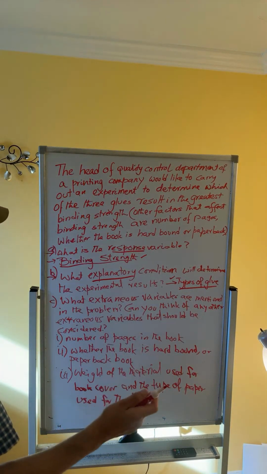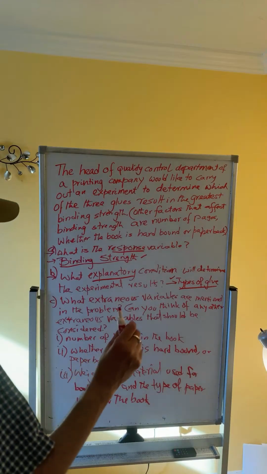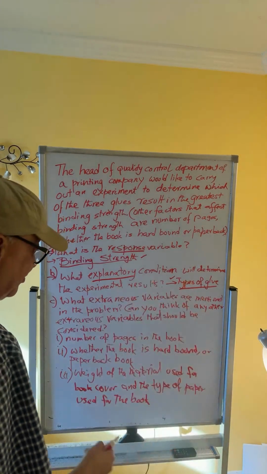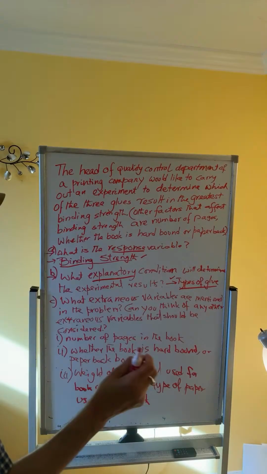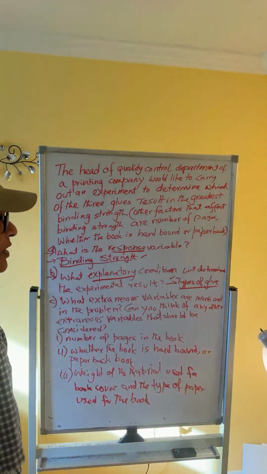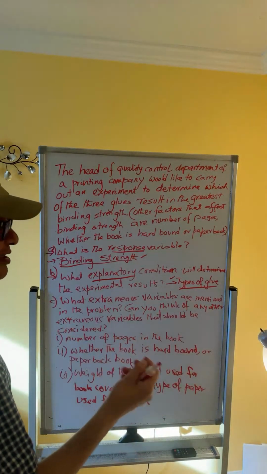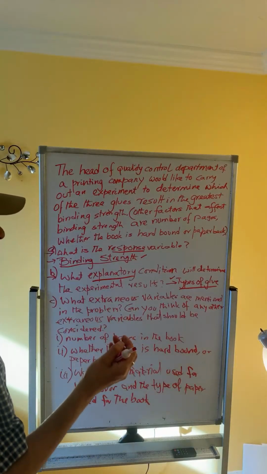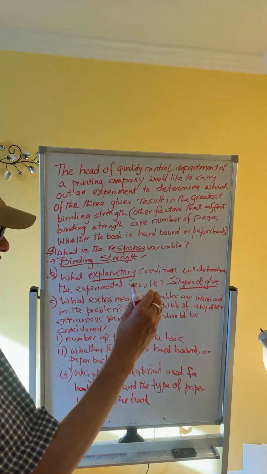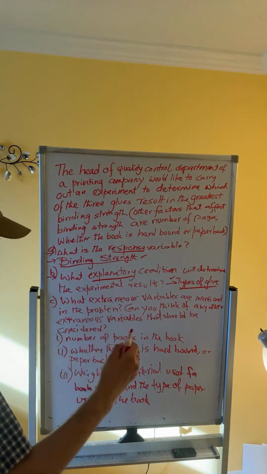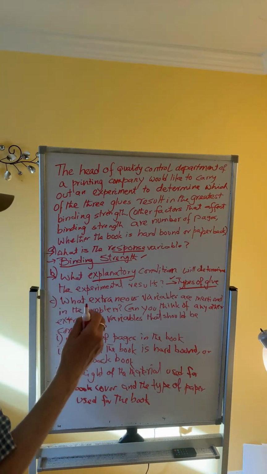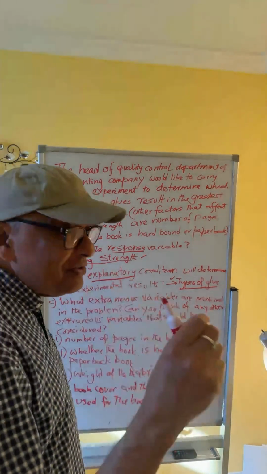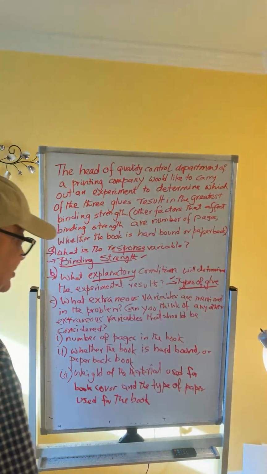And what are these? Two of them they already mentioned: number of pages used in the book, and whether the book is hardbound or paperback. Paperback books are not so strongly bound, so you can do with a glue which demonstrates less strength. For a hardbound textbook, you need a glue that is very strong to hold the pages together.